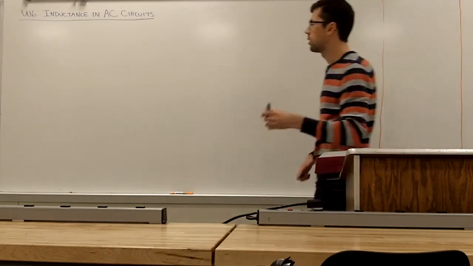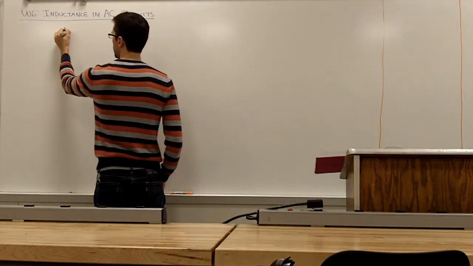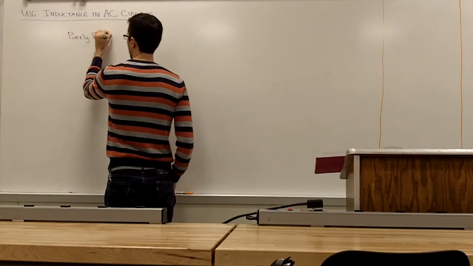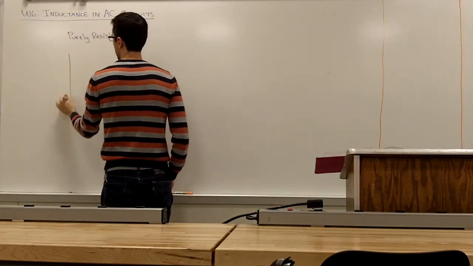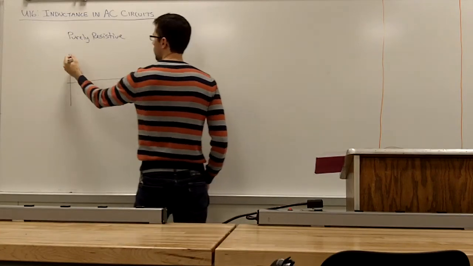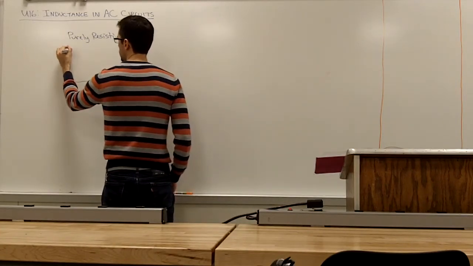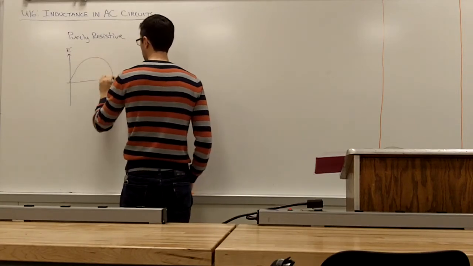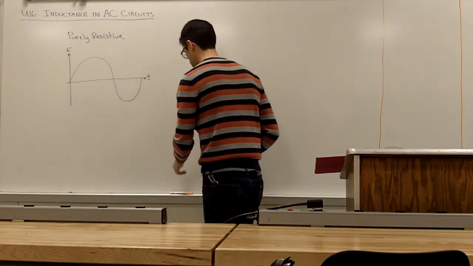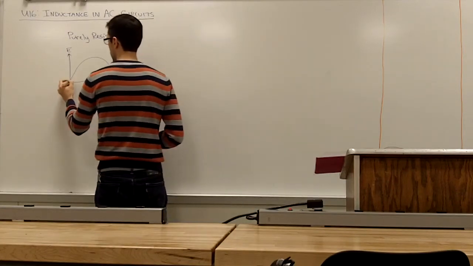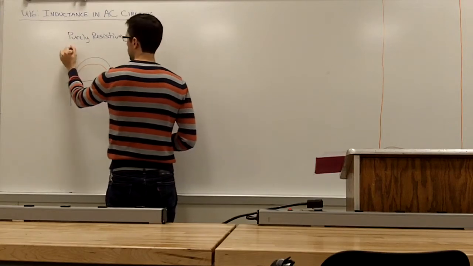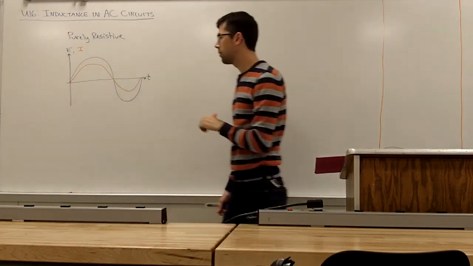Now remember, in a purely resistive circuit, if we were to measure the voltage over time as an AC sine wave, like this, and then also graph the current, like this, they are in phase with one another.